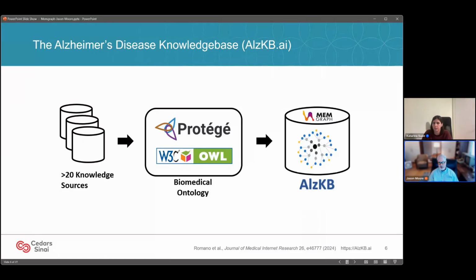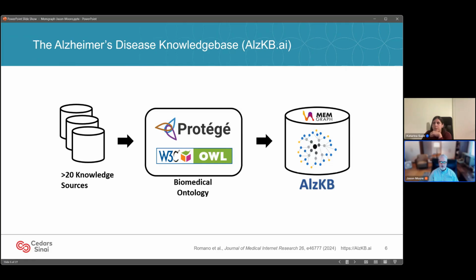And so the goal of this project was to create a comprehensive knowledge base about Alzheimer's disease. And what we do is integrate more than 20 different knowledge sources about genes, with known genetic relationships with Alzheimer's disease, relationships between genes and drugs and Alzheimer's disease.